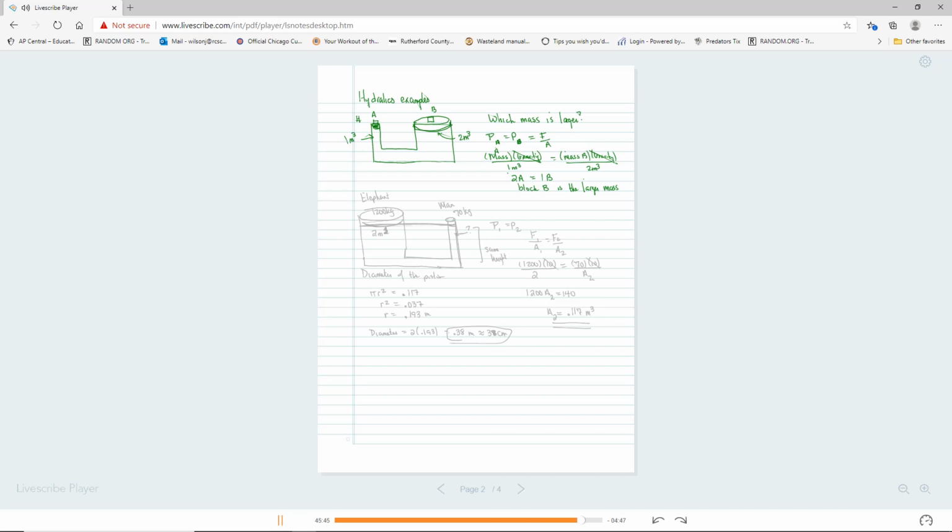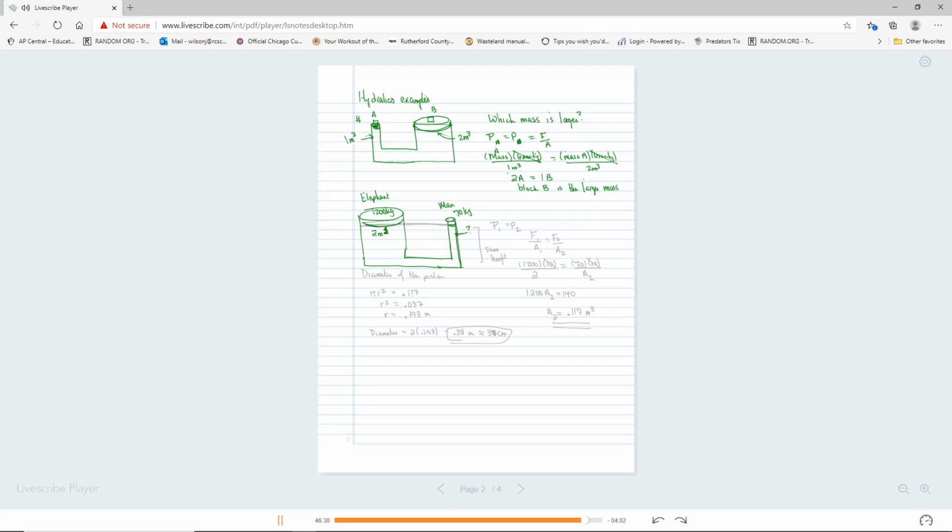But here's another one. Elephant, 1,200 kilograms. Man, 70 kilograms. Two cubic meters? I don't know.